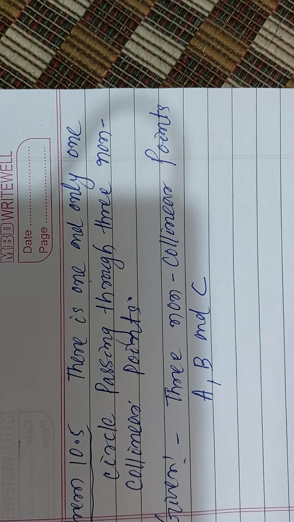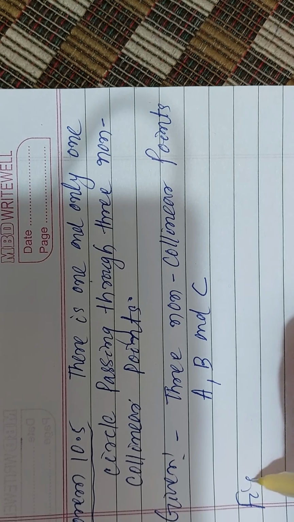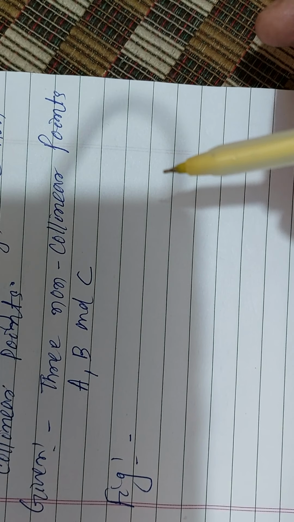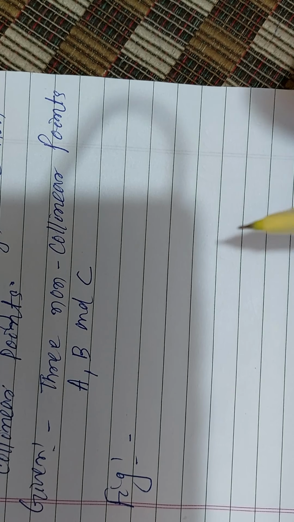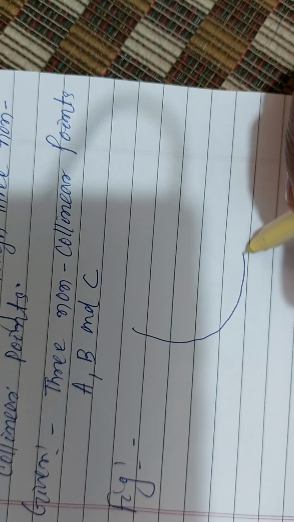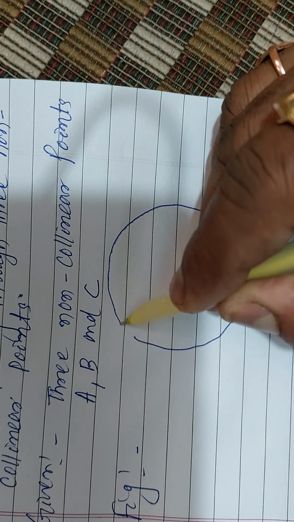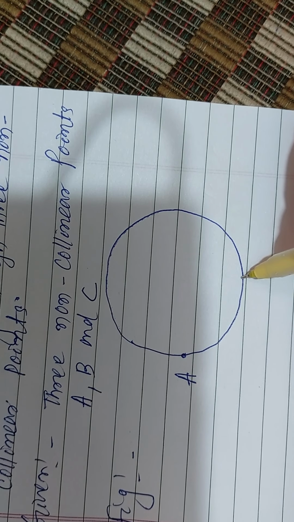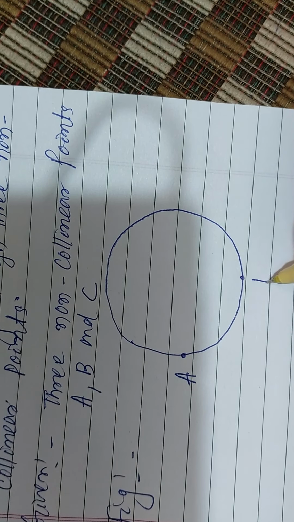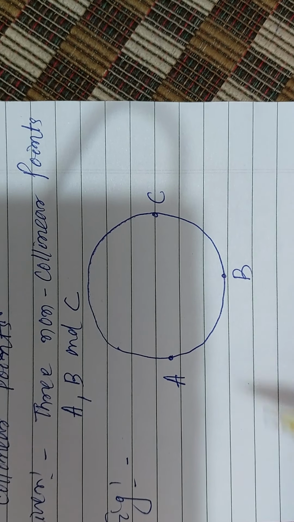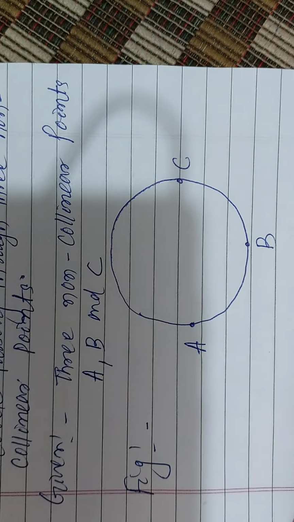Right? And what is the figure? Here the figure is, I am drawing, we already know that there is one and only one circle possible through three non-collinear points. So here are the 3 points. Point A, here is B, another is C point. So what do we prove here?